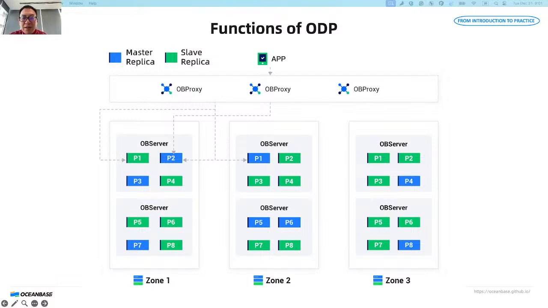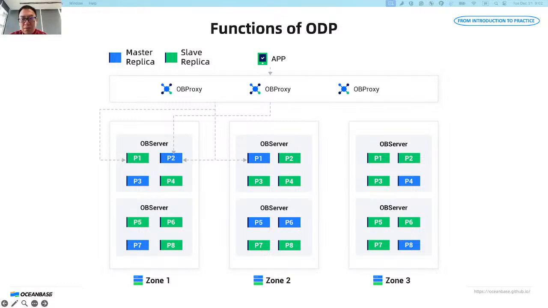The second reason for using ODP is that if the frequency of machine offline and online operation is relatively high during the operation and maintenance process, or if an OceanBase cluster is large in scale and has a large number of nodes, it's an environment where machine failures are more likely to occur.